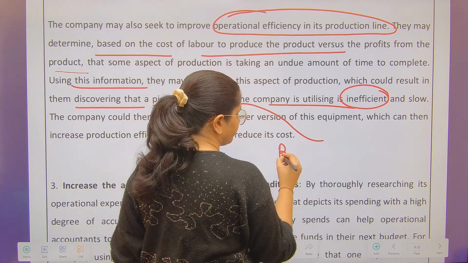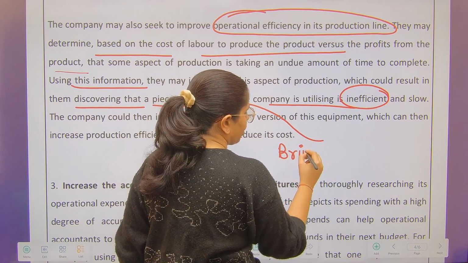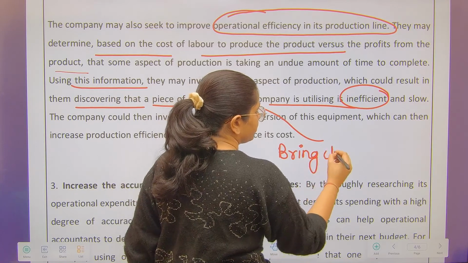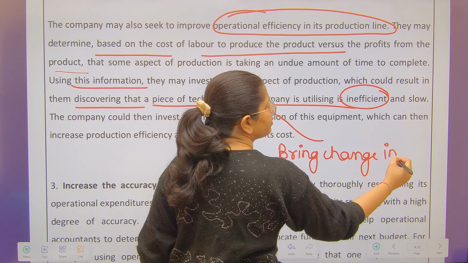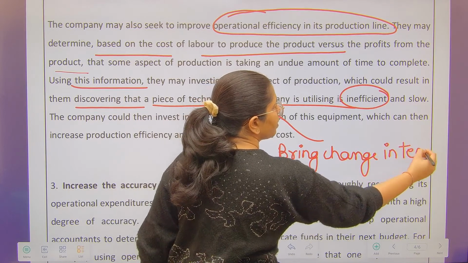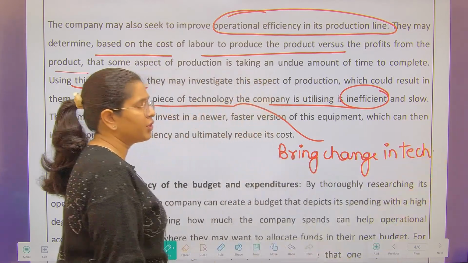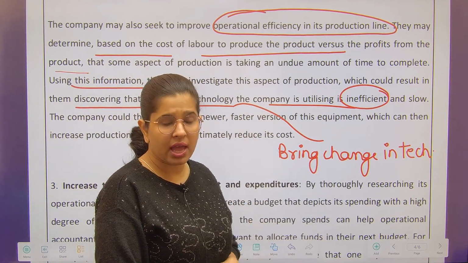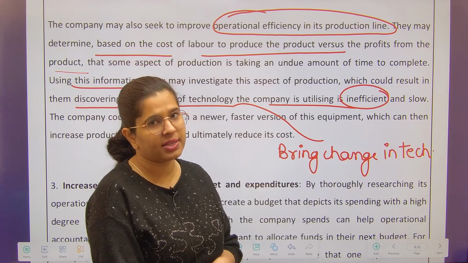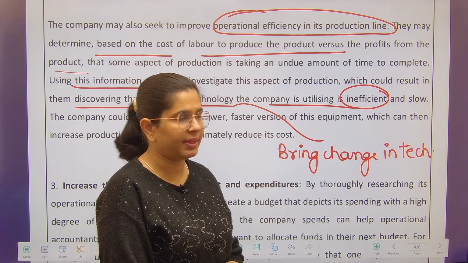bring change in technology as well. Operation costing, see, all these things can be asked in the MCQs, and if you know the advantages, then you'll be able to attempt them.